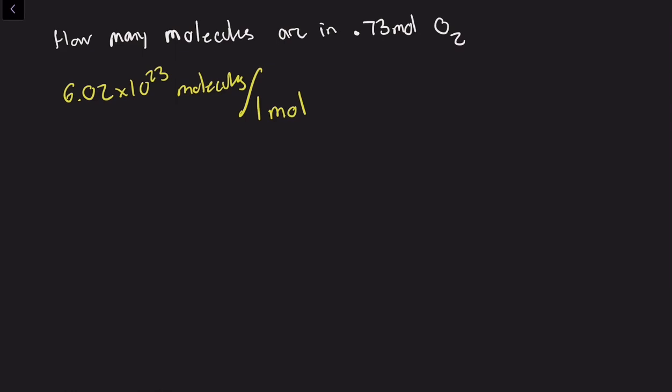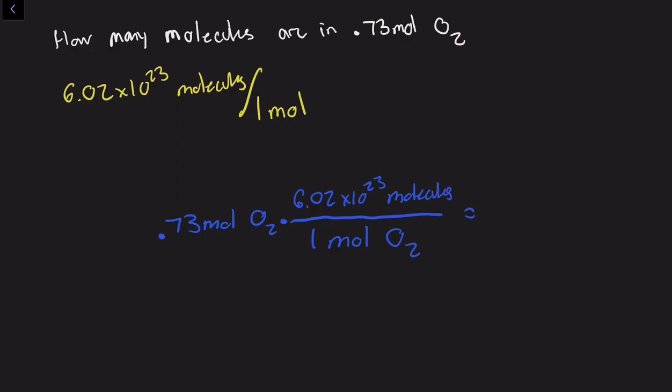So if we take 0.73 moles of O2, we're going to put in our conversion factor 1 mole of O2 on the bottom and our molecule number on the top, which is our 6.02 times 10 to the 23rd molecules, giving us a total of 4.39 times 10 to the 23rd molecules of O2.